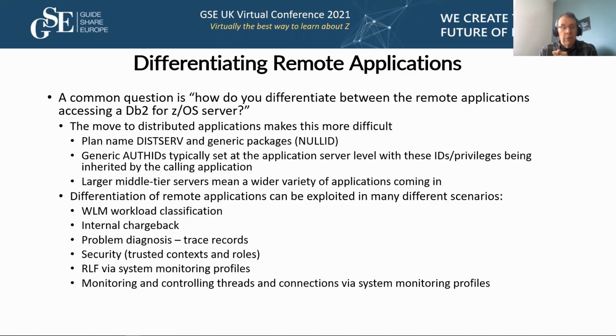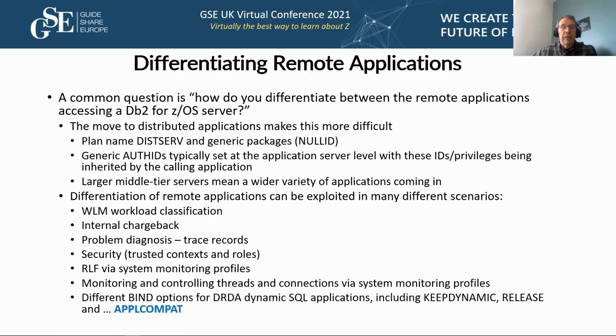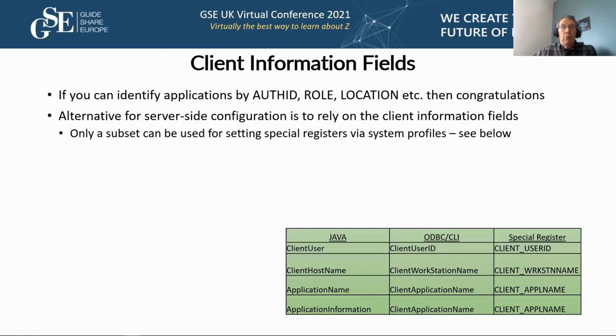You can use it for the resource limit facility, which you have to do again via system monitoring profiles. And you can use that for monitoring and controlling threads and connections via system monitoring profiles, which was the initial use of system monitoring profiles. And of course, you can use that for different bind options for the RDA dynamic SQL applications, and especially for APPLCOMPAT.